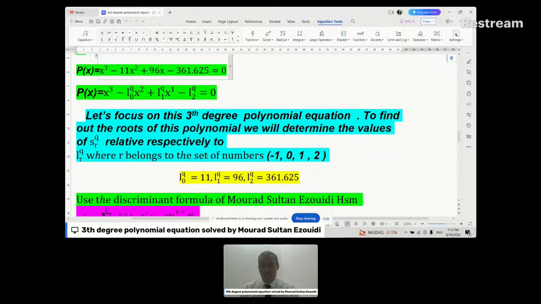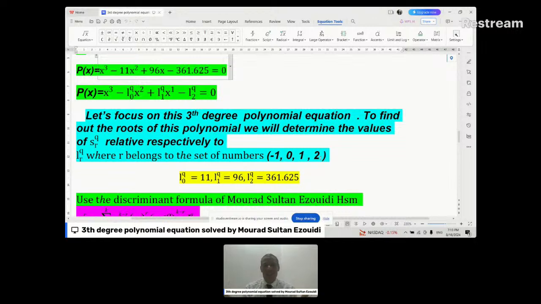If we focus on this, it seems to be a third degree polynomial equation, and we want to find the roots of this polynomial equation. We should learn the value of S k minus 1 of order r relative to L r of the q, where r, learners, belongs to the set of numbers minus 1, 0, 1, and 2.